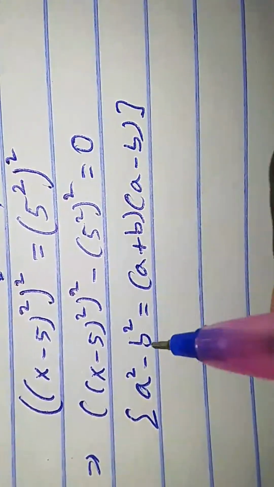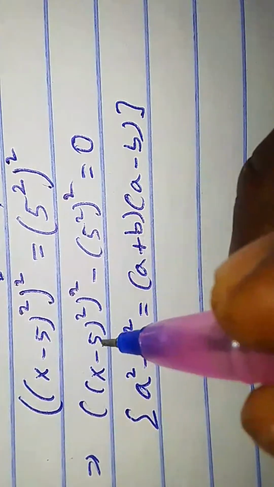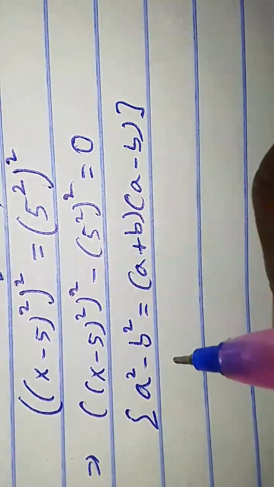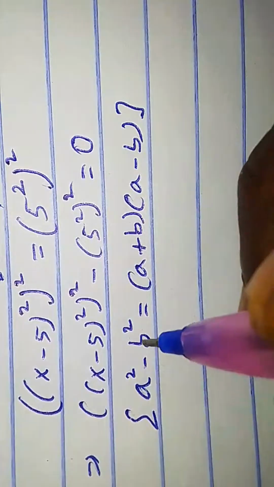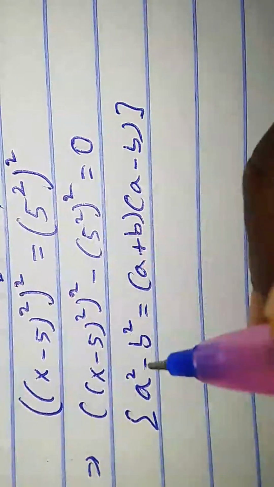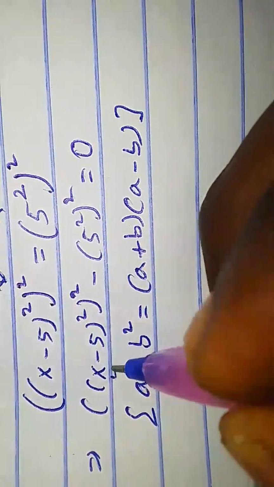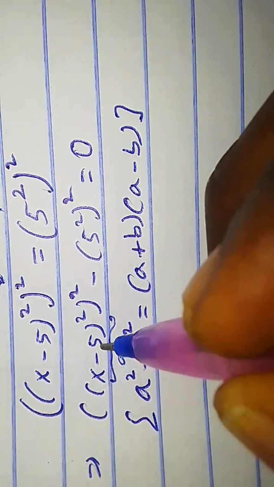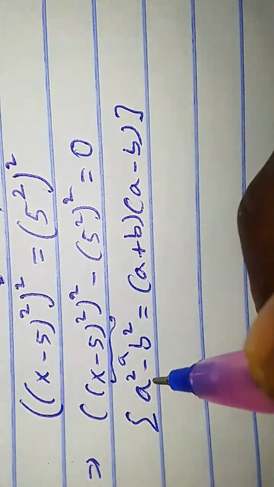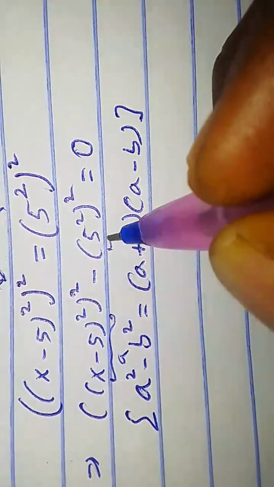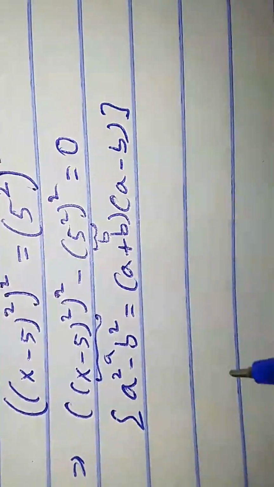Now, let's apply this identity. By comparing this left hand side with this, our a is (x − 5)^2 and our b is 5^2.